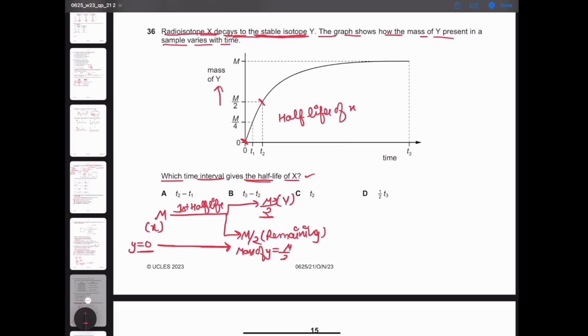So, Y is also equal to m by 2 for the first time. So, you can say when Y is going from 0 to m by 2, this is also the half life of X, right? And when you check the graph now, 0 to m by 2, what time is it taking? It is t equals to 2. You might have seen some teachers directly telling you that you just need to look at m by 2 and then you can directly put the time 2.